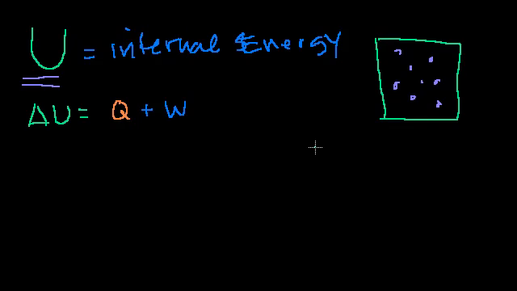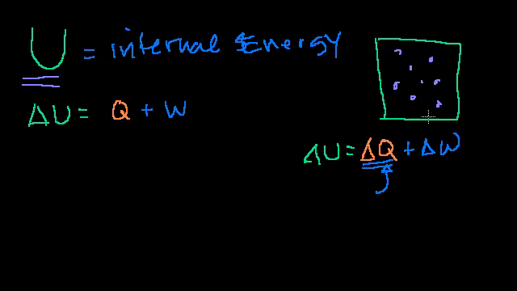If I were to write delta U is equal to delta Q plus delta W, to me this implies that at some point I had some amount of heat in my system, and then I have a different amount of heat in my system, and I took the difference between the two, and I got a change in heat. So this implies that heat is somehow an inherent macro state of the system, and that's not the case.